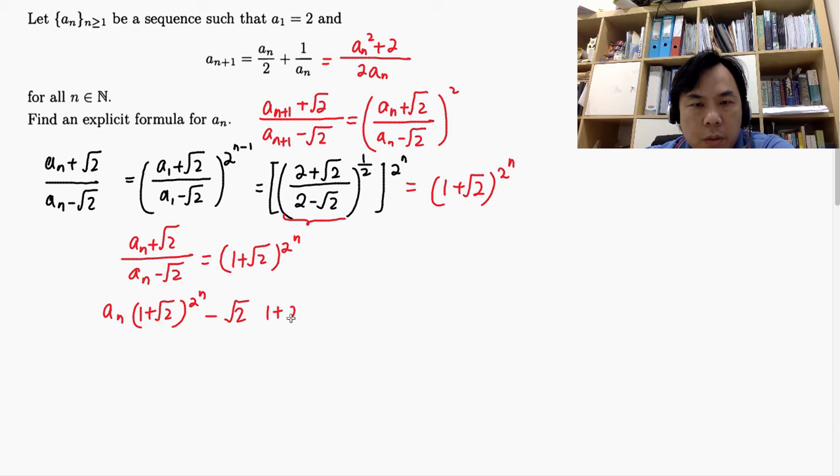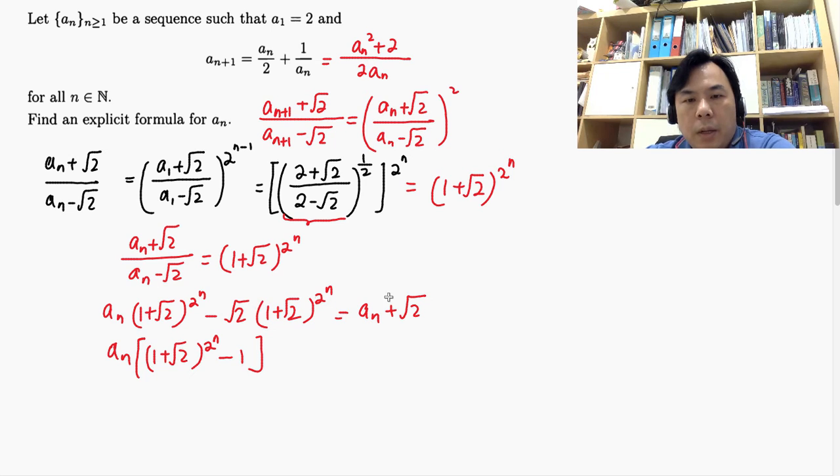So basically, it looks something like this. Okay, and then that should be equal to an plus surd 2 here. All right, and then finally, of course, we try to combine the like terms. So therefore, an is 1 plus surd 2 to the power n here minus 1.